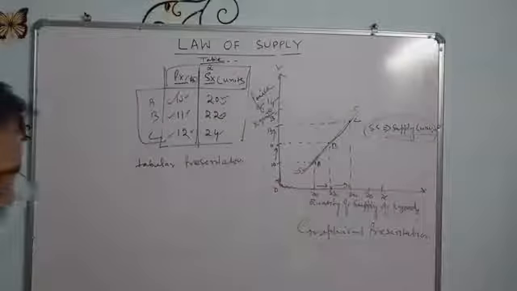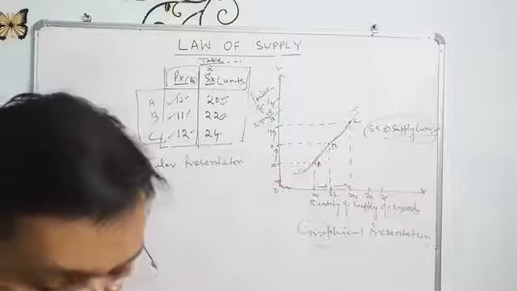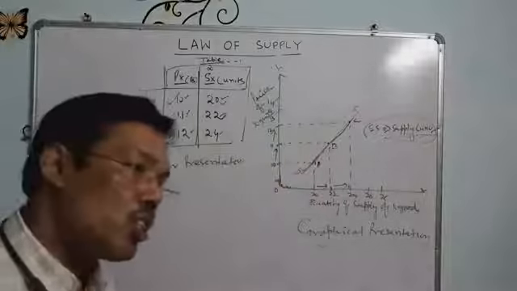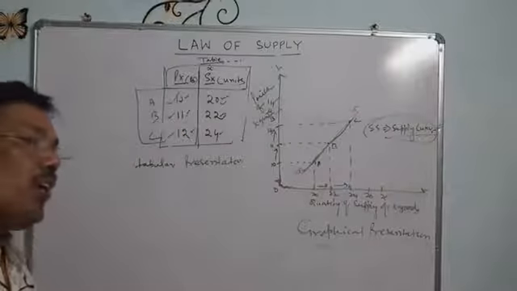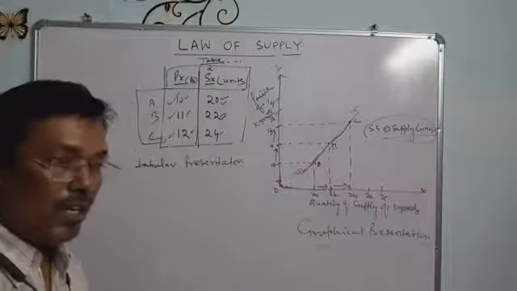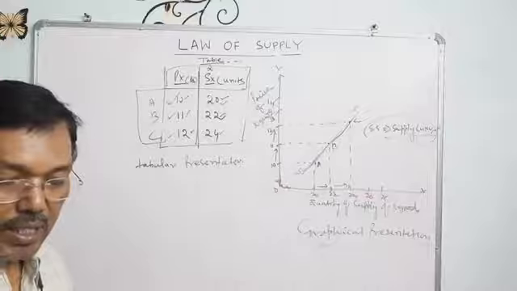What that graphical presentation shows, the relationship between the quantity supplied of a commodity and the price of that commodity at a given time, is known as the supply curve. So SS is the supply curve.